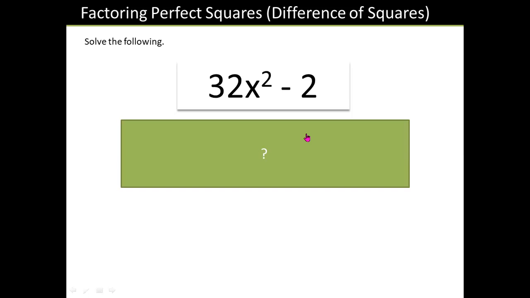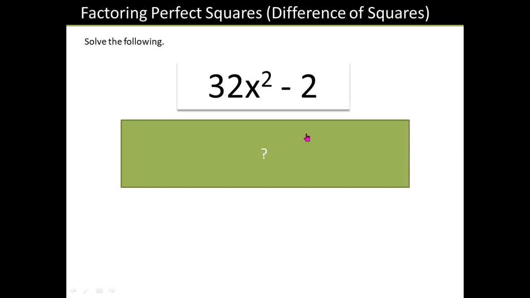Now, as you can see, 32 and 2 have common factors. All right? So if we take out the common factors of 32 and 2, we can get the perfect square. Example, we take out 2.